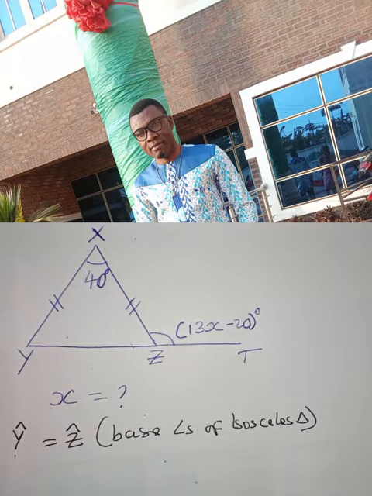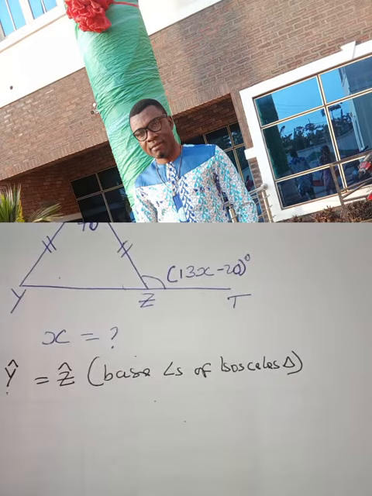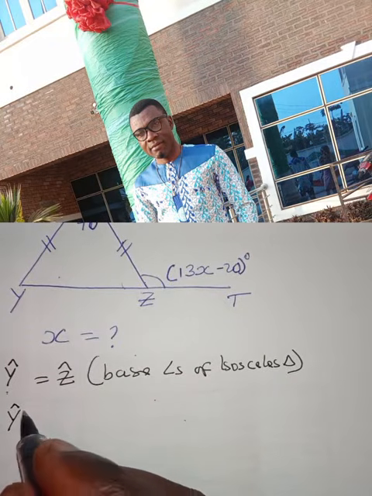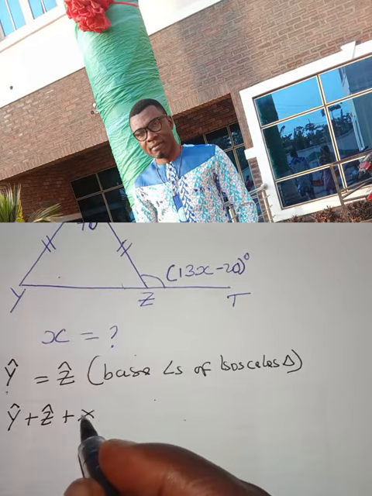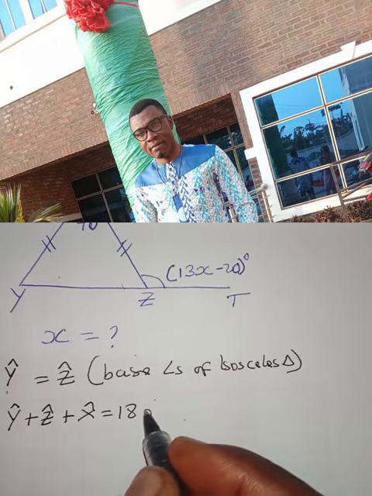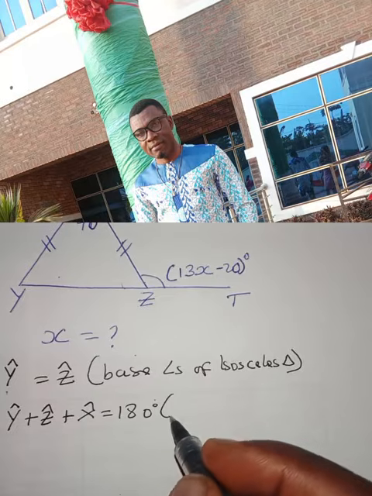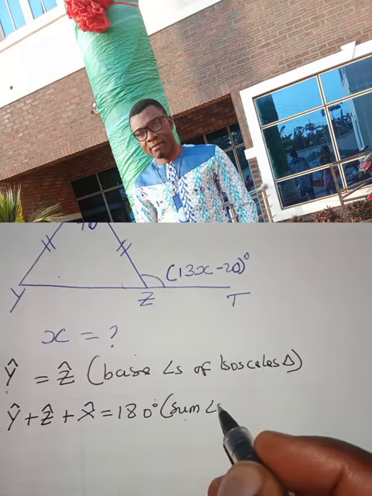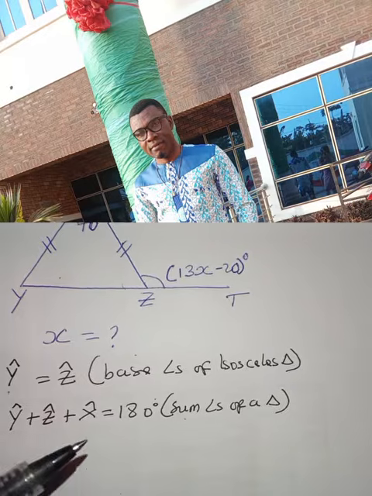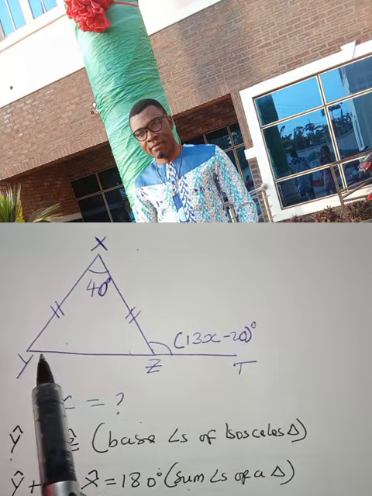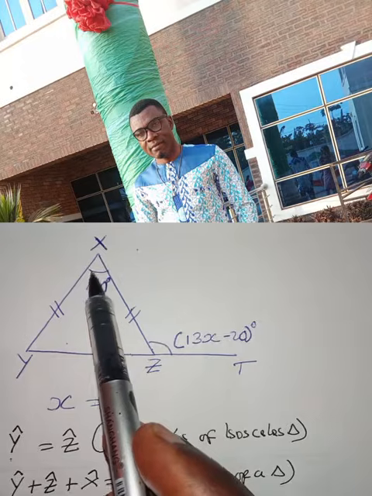And if we add the two angles that are equal, y plus z plus x, it should give us 180 because they are the sum of angles of a triangle. The sum of angles of a triangle is 180. The angles of this triangle are x, y, and z.